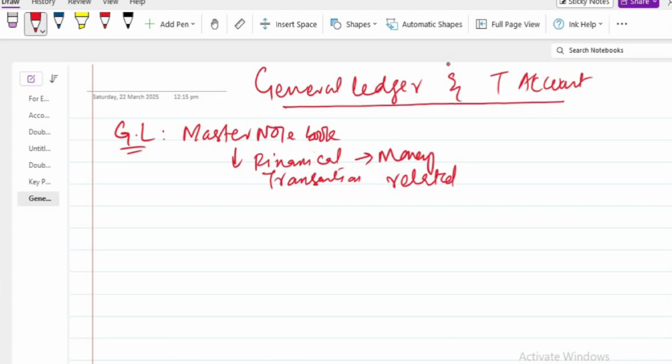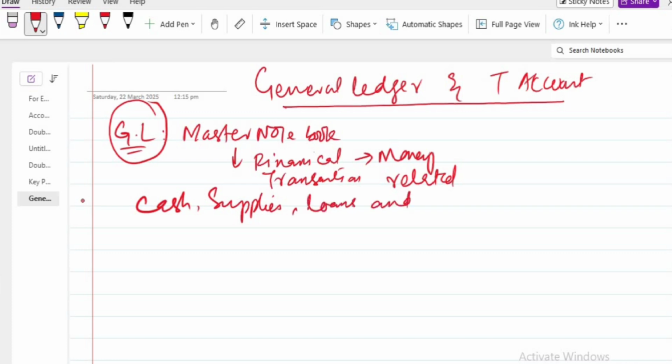So this master notebook, which we call the general ledger, is like a big filing cabinet with a separate section, which we call accounts, for each thing, like cash, supplies, loans, revenue, and many more like this.